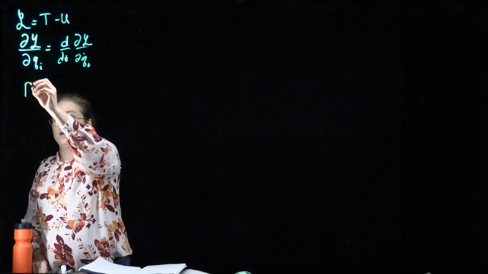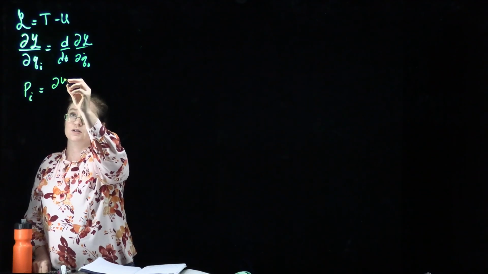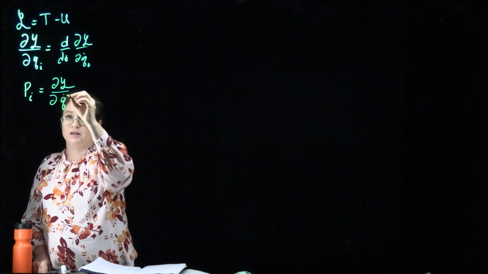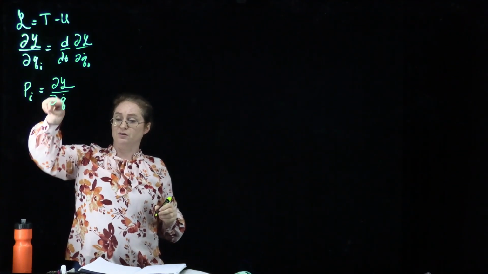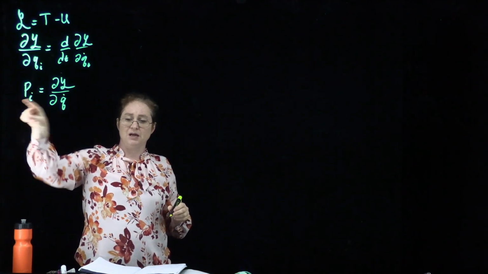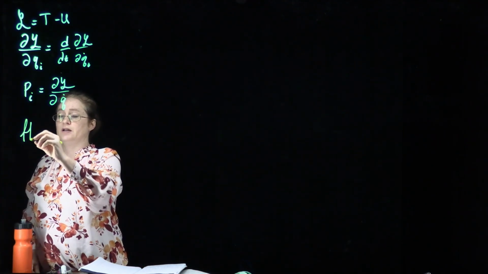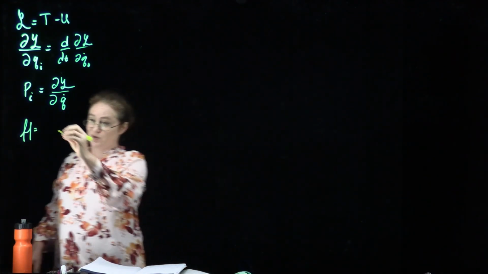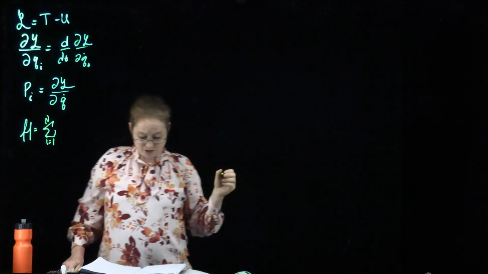We also defined the generalized momentum, and we are going to use this as well when we talk about Hamiltonian mechanics. This is the partial derivative of the Lagrangian with respect to q_i dot. So this is d/dt of p_i. We are going to define our Hamiltonian, and I'm going to use a script H, which only looks a little bit different from regular H, but I try to draw it slightly different.